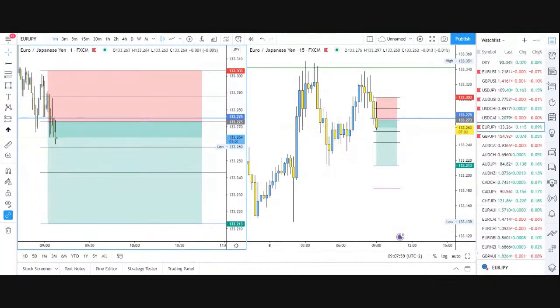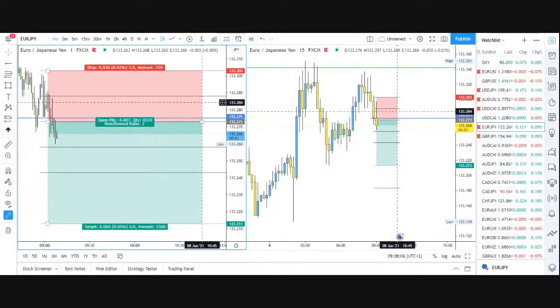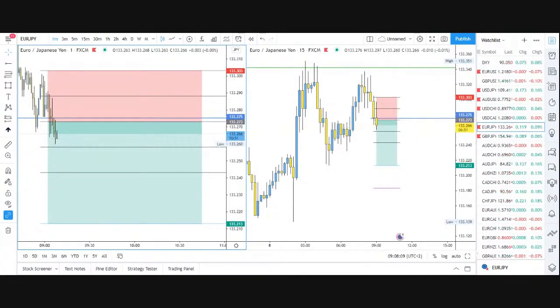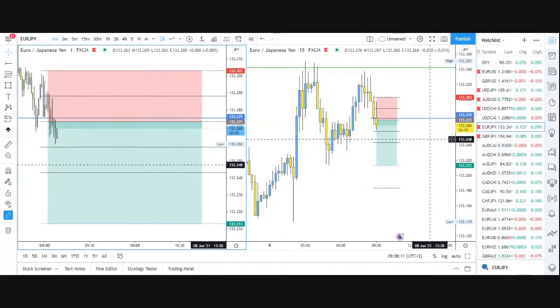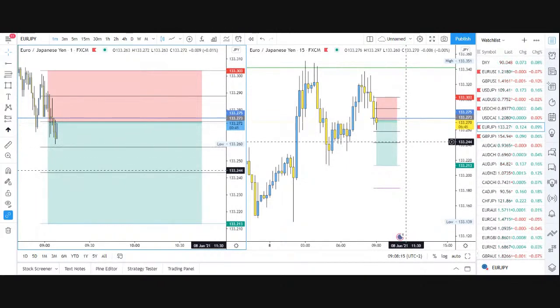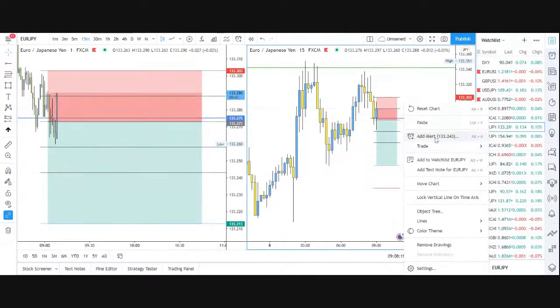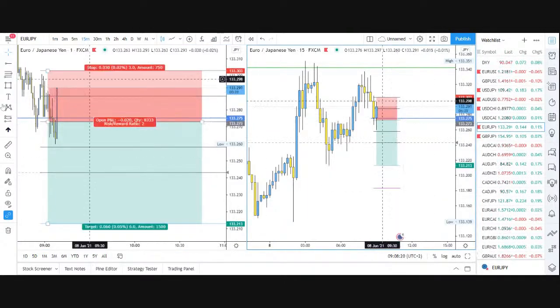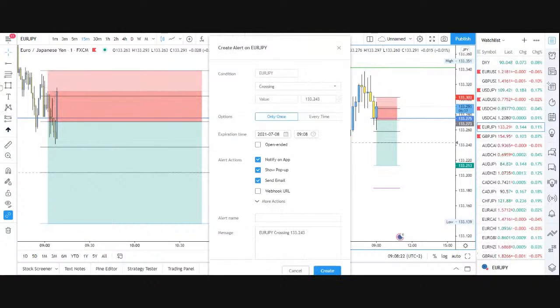Very close to being able to move our stop loss to half. Very, very close. Okay, guys, I'm closing this trade.